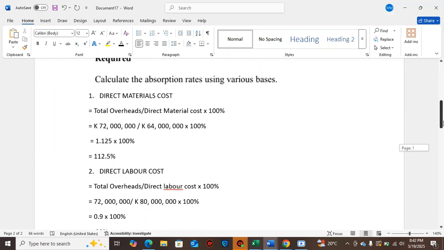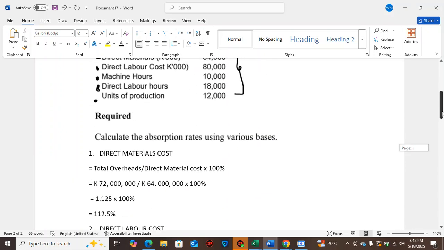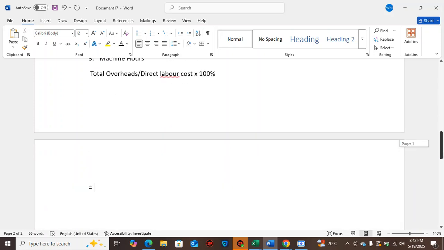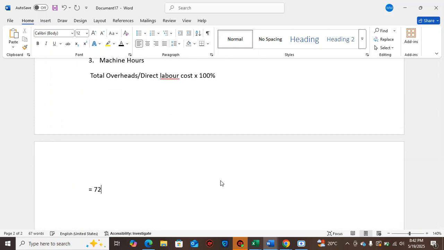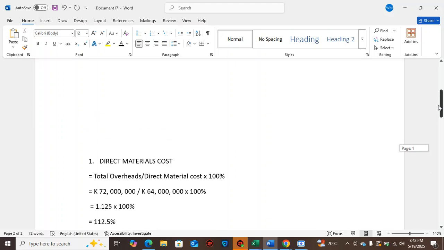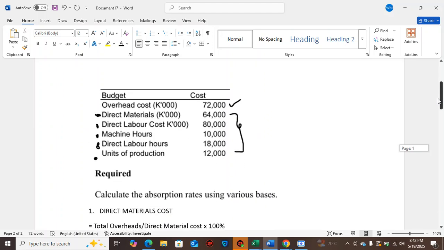So total overheads 72 million, machine hours 10,000. So 72 million divided by 10,000. What do we get? 7.2. Oh wait, is this 10,000 in millions first? No, it's not in millions.